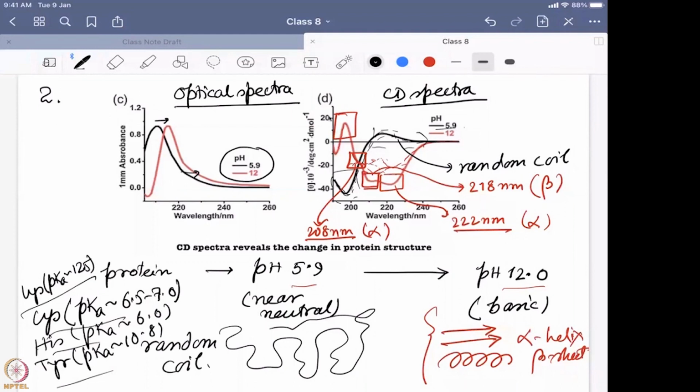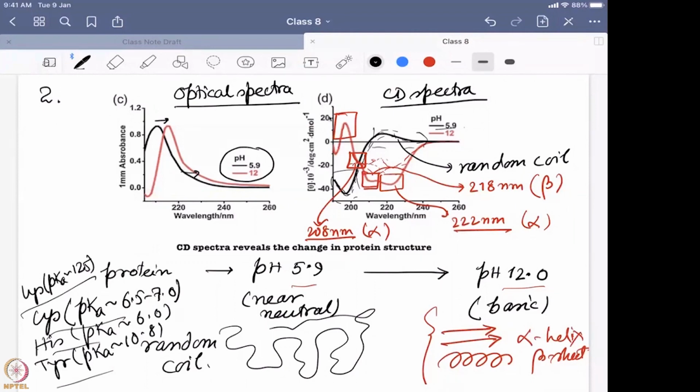So it is creating some more interactions. You can imagine that a tyrosine group, which is protonated in the neutral condition, will be deprotonated in the basic condition, and that might play a role. Once it is deprotonated, it is probably participating in certain kinds of salt bridges, like an ionic bond with another cation, and that is probably helping.